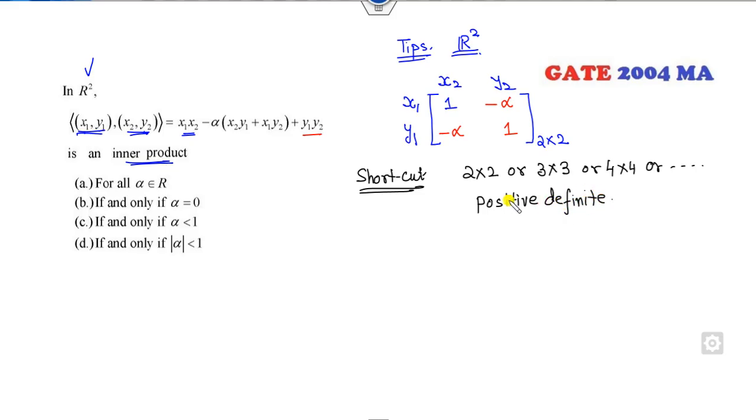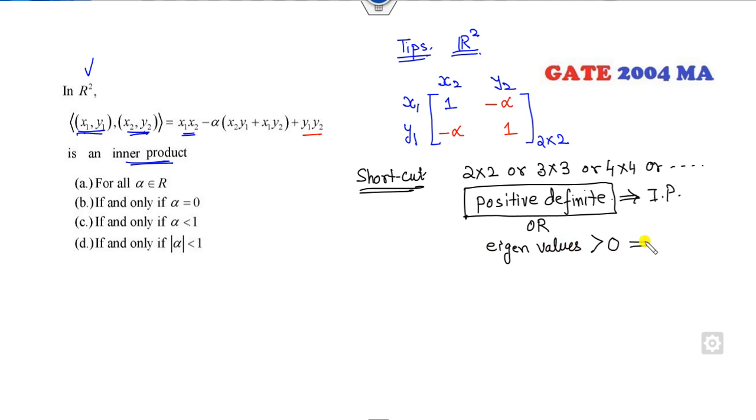That's a simple rule. If it is positive definite, then you can say this is an inner product, otherwise not. Or you can find the eigenvalues. If you prove that all the eigenvalues are strictly greater than 0, then again it is an inner product.